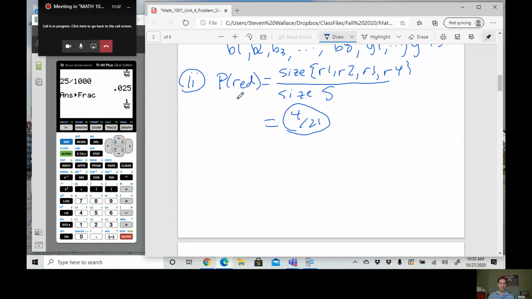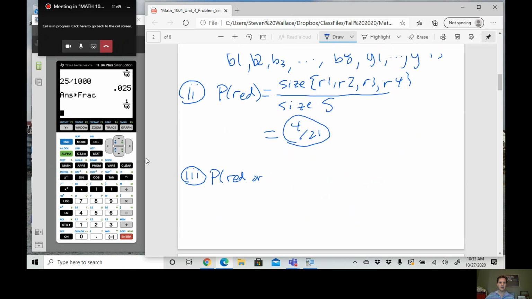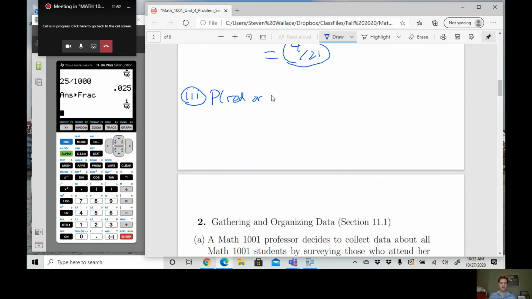Okay. When you put conjunctions in there, then you have to use maybe some common sense or a formula to get the answer. This is called the summation rule. So the probability of getting one or another thing is the probability of getting one of them plus the probability of getting the other minus the things that you double counted.